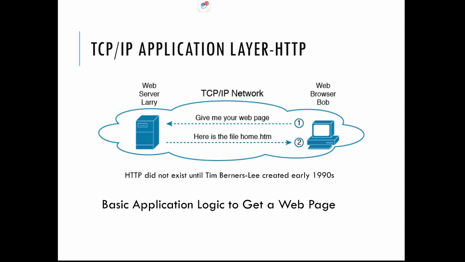For example, an application layer protocol such as HTTP defines how a web browser can get the content of a website from the hosted web server. So that's what the application layer does in TCP/IP.